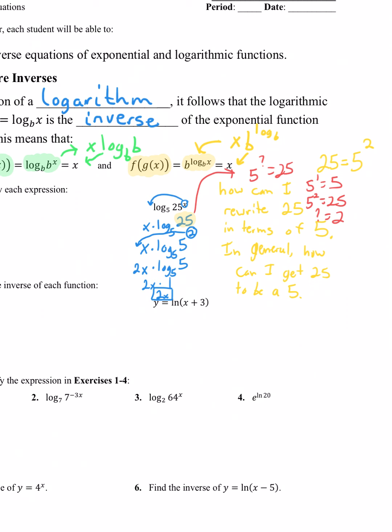Then I can substitute a 2 in there for log base 5 of 25. This is just another way to look at it, and maybe this makes more sense to you. If this is more confusing and you like the method we've been working on up until this point, that's perfectly fine.